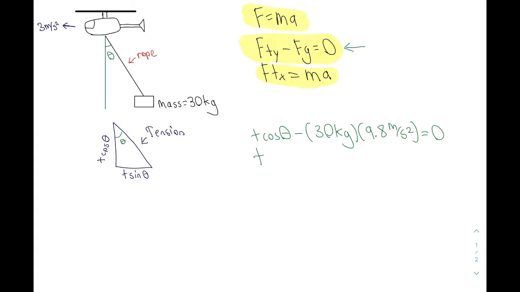And then for the second equation, T sine theta is equal to 30 kilograms times 3 meters per second squared.